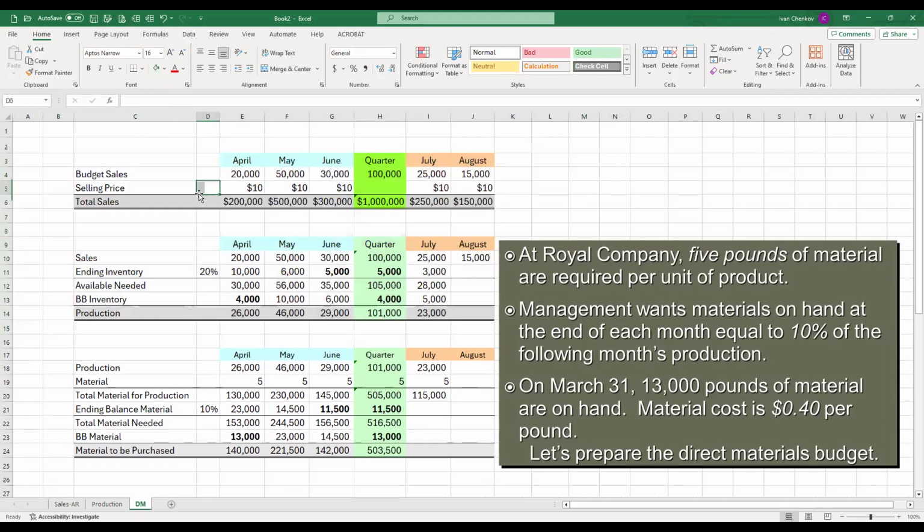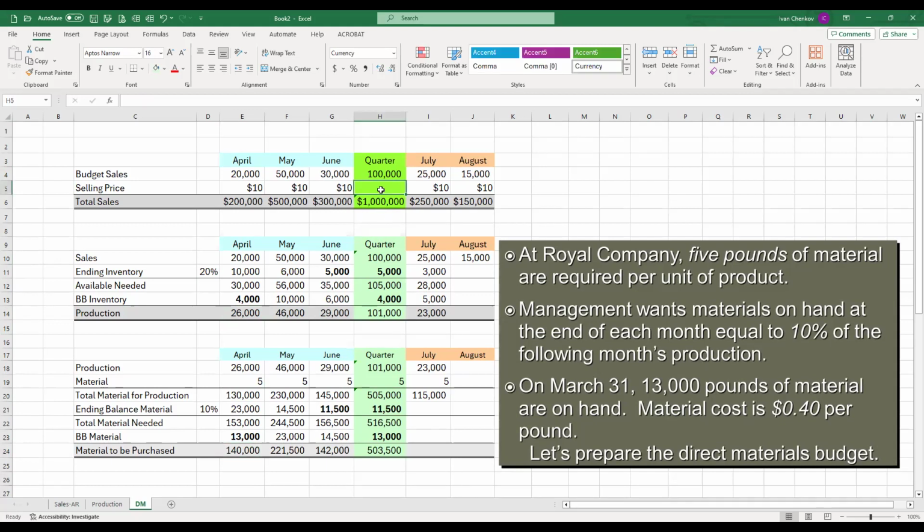If we want to sell 20,000 units, we need to produce 26,000 units. If we want to produce 26,000 units, we need to purchase 140,000 pounds. Make sense? Yes.